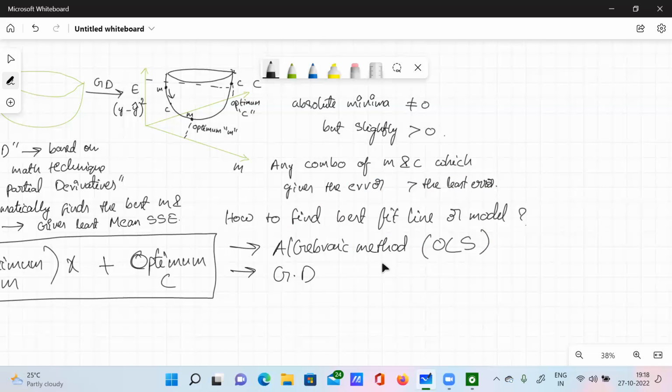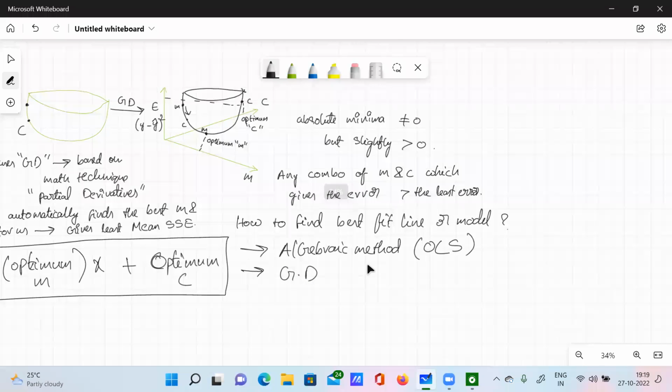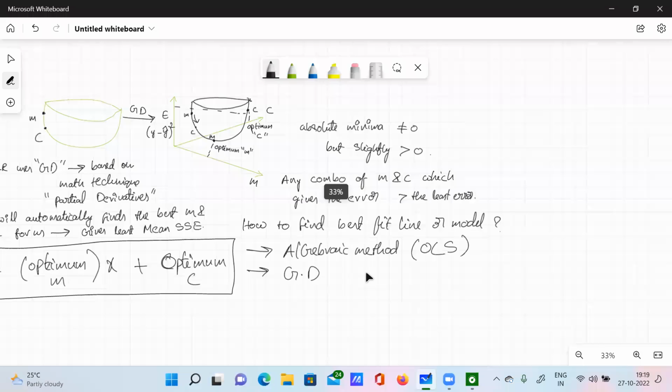It may take too much time to compute when your data set has too many variables. But the gradient descent usually takes comparatively less time, and it gets the job done, right? So this is the thing, and that's all for now.